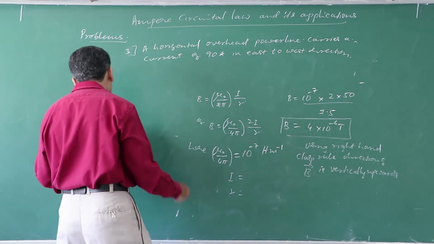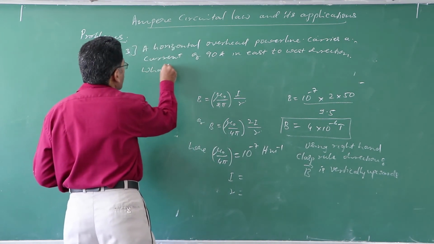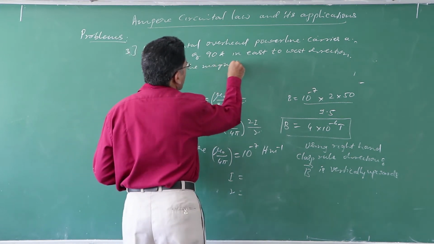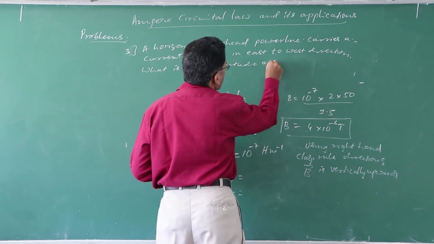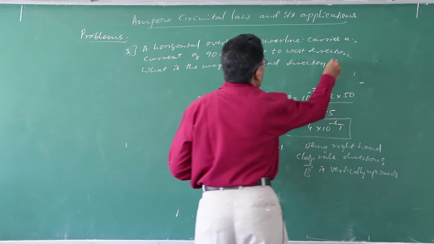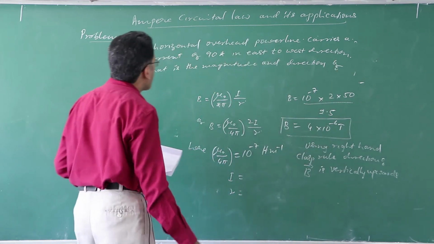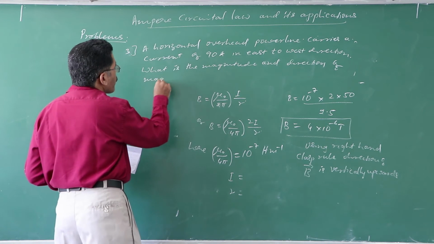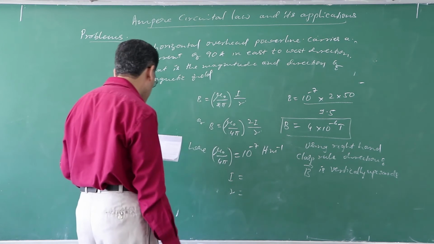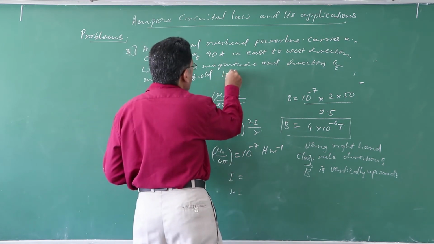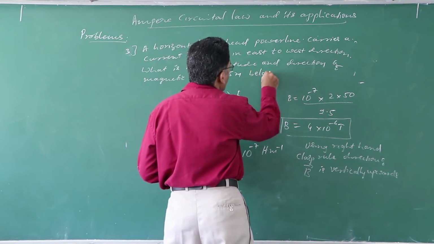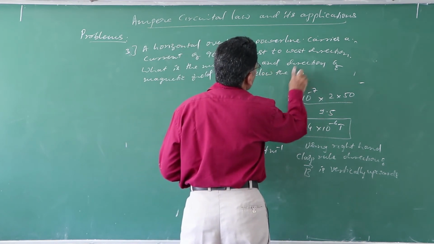What is the magnitude and direction of the magnetic field 1.5 meter below the wire, below the line?